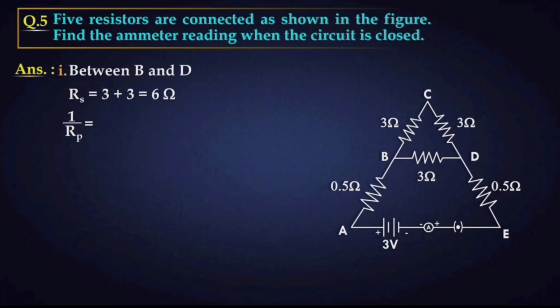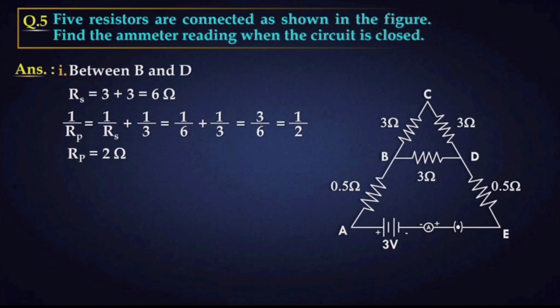Now when it is in parallel, 1 by Rp equal to 1 by Rs plus 1 by 3. That is 1 by 6 plus 1 by 3 equal to 3 by 6. Therefore Rp is 2 ohm. Here the equivalent resistance will become 2 ohm.